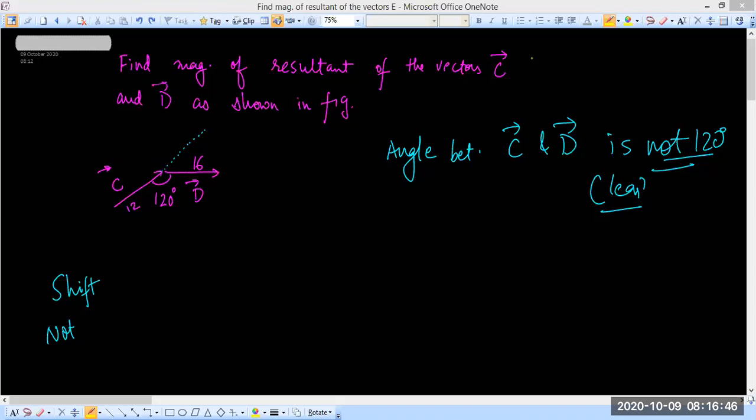The answer is exactly what you are writing? Yeah, you can shift D vector also, doesn't matter, right? You can shift D vector also, but Falak, your answer is wrong. Yes, the angle will remain the same. Okay, we are getting lots of answers.